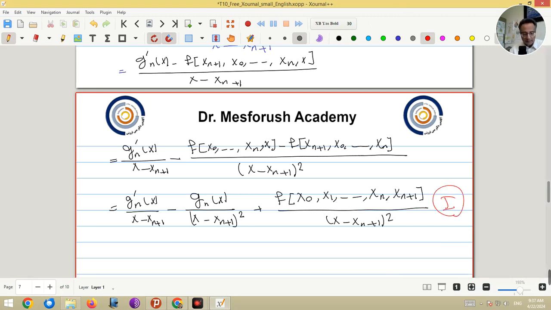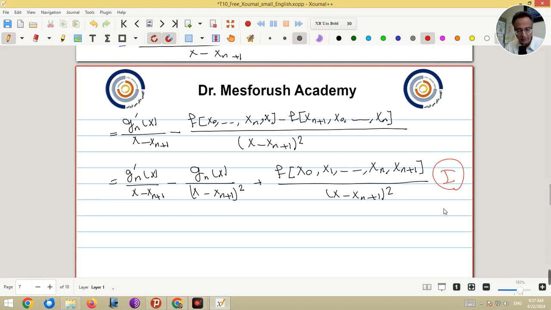Now let me compute the other term. Let me start with gn+1(x), that was f[x0, x1 to xn, xn+1, x].